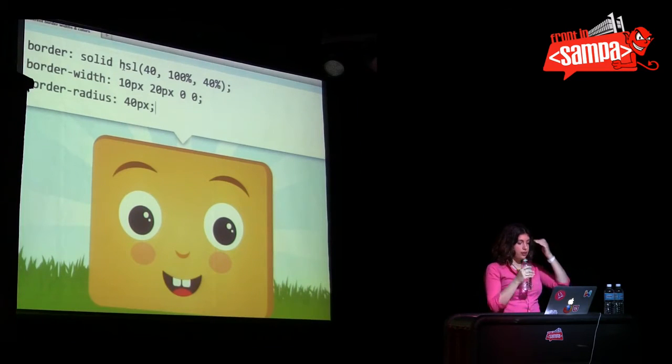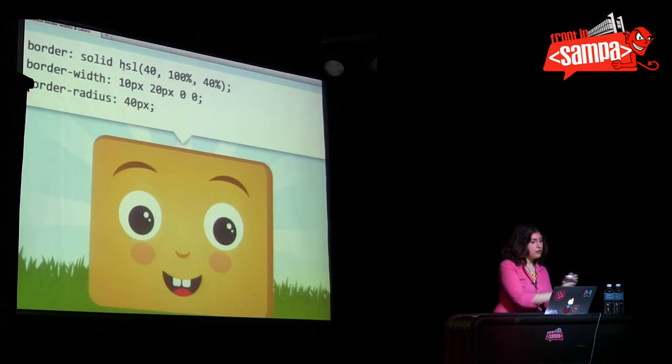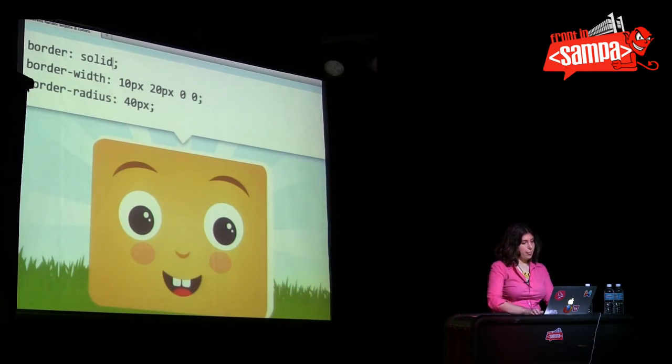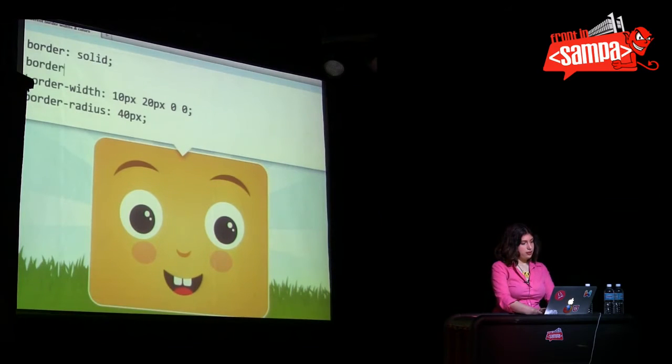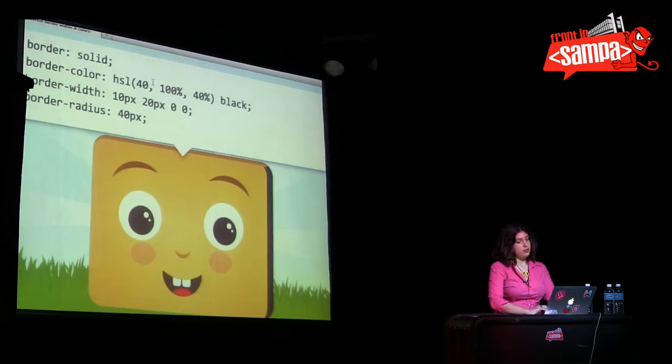Also, we might want to have different colors. Here, both our borders are this color. But let's specify a different top color and a different right color, because, for example, we wanted to do some sort of 3D effect or whatever.